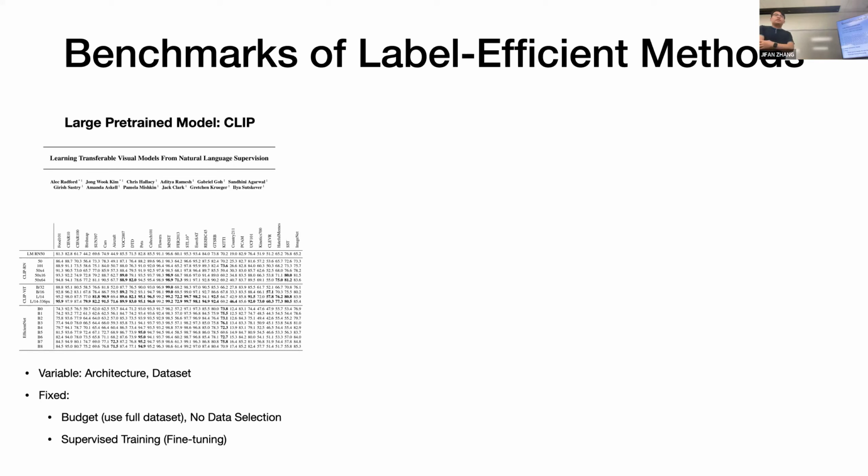So note that you're varying architecture, you're also varying the pre-training method, you are varying the data set, but you're really fixing the budget, meaning you're evaluating on the entire data set of CIFAR-10, entire data set of CIFAR-100, but CIFAR-10 could actually come from a much larger pool of unlabeled data. So yes, it's fixing the budget. There's no data selection, it's just a randomly curated data set beforehand.